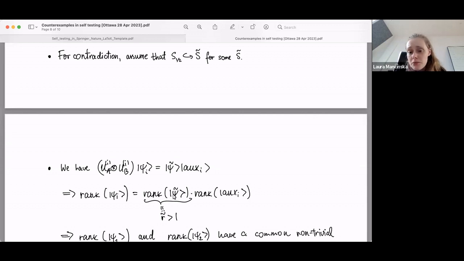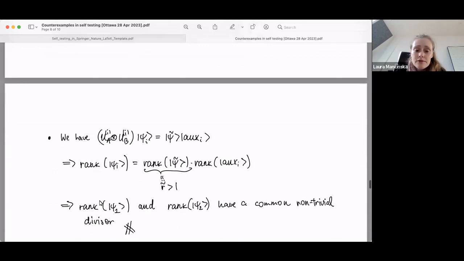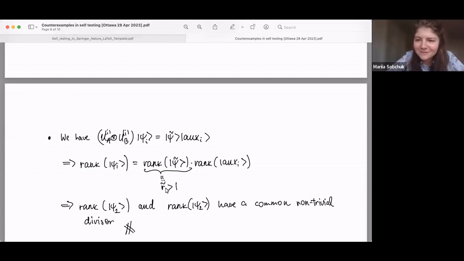And then I say, well, the Schmidt rank of this is not one. It has to be greater than one. And then I get that both of these, so the rank of psi 1 and the rank of psi 2, have a common non-trivial divisor, namely this R tilde. And that's my contradiction, because rank of psi 1 is 4 and rank of psi 2 is 3. Thank you.